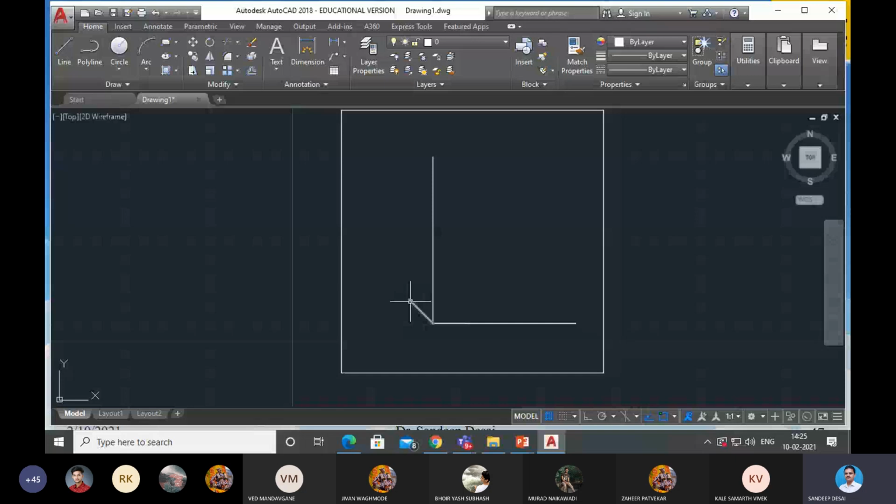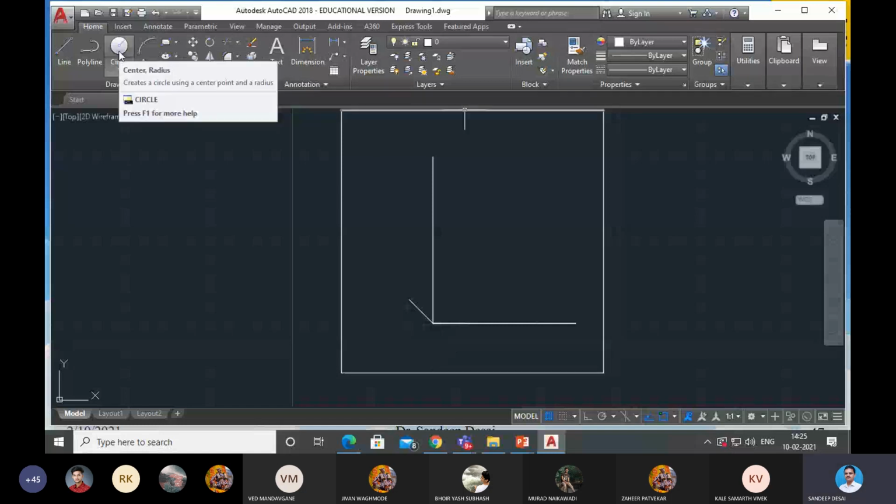Then next thing that I need to do is, what else is given here? AB. Okay, let us do one thing. Let us locate this point at 102 mm, right?